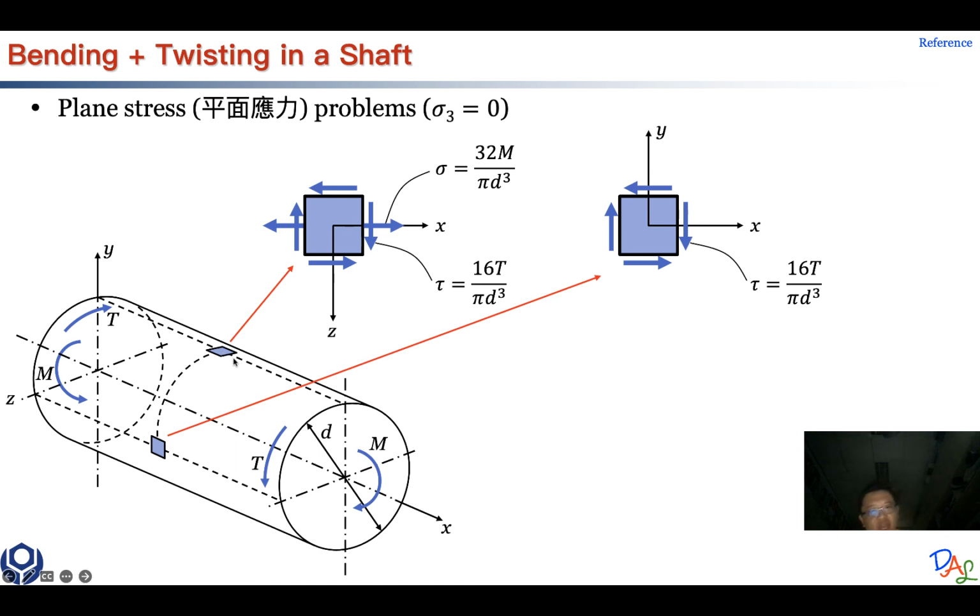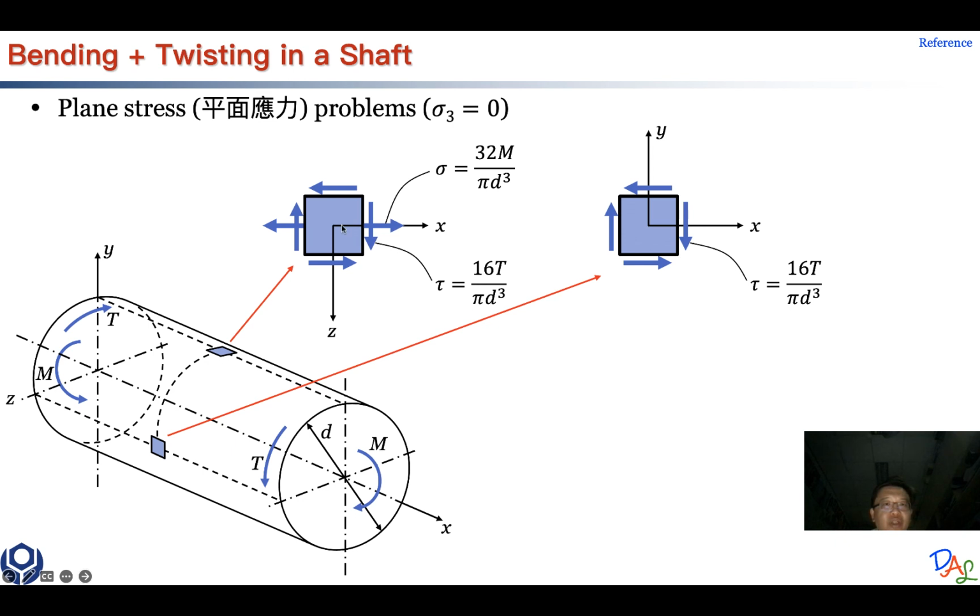We are visualizing from top to bottom, our eyeballs are at the top. If we do that, our right hand side would be the x-axis, and toward the bottom is our z. Due to the bending moment, if we observe this material right here, it's under tension.